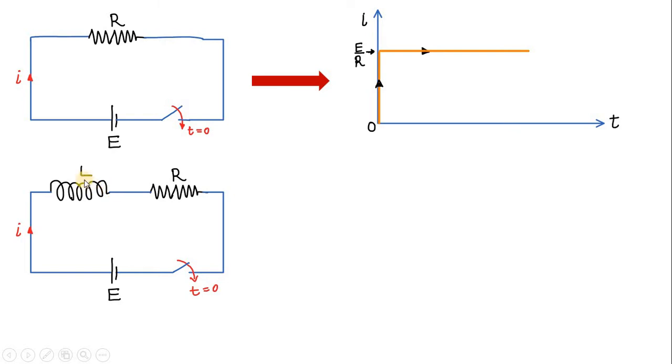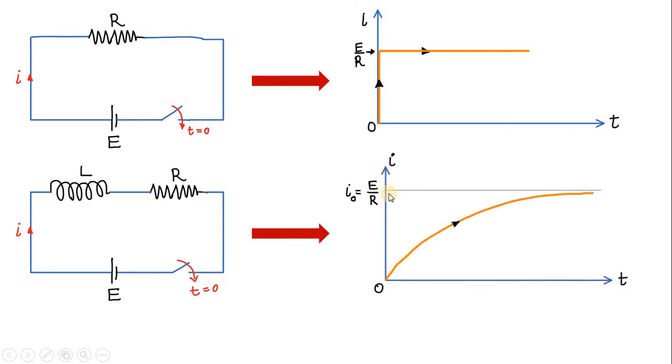But if you connect an inductor with the resistance, then let us see what happens to the current. How does the current grow? We see this graph here. The current doesn't rise suddenly and become E by R, but it grows slowly. And then after a long time, it achieves the final value of E by R. So what we come to know from the comparison of these two circuits is that if we have an inductor placed in our circuit, then this inductor will cause the current to grow slowly.